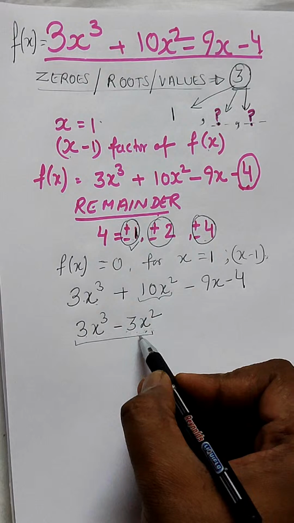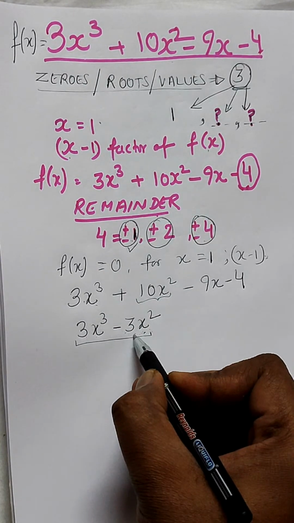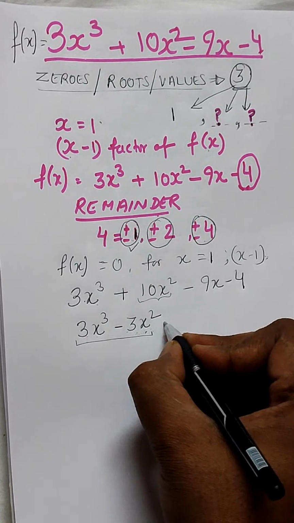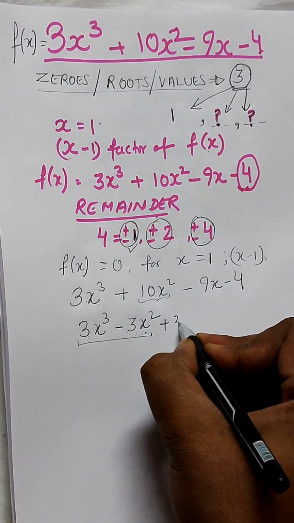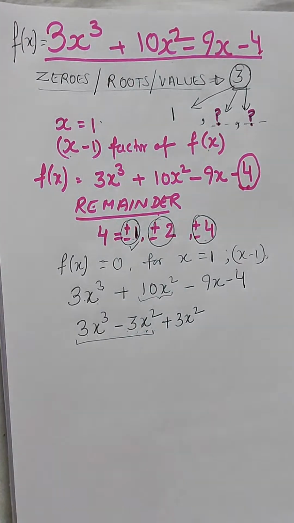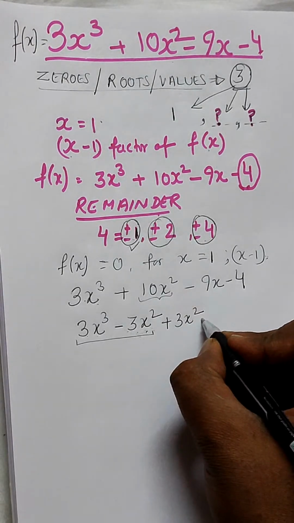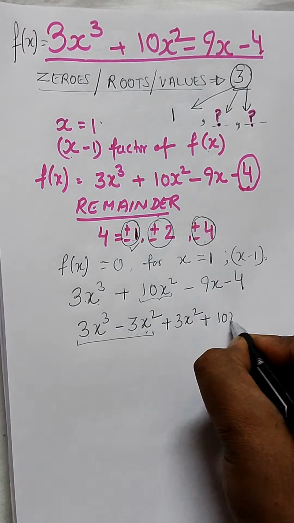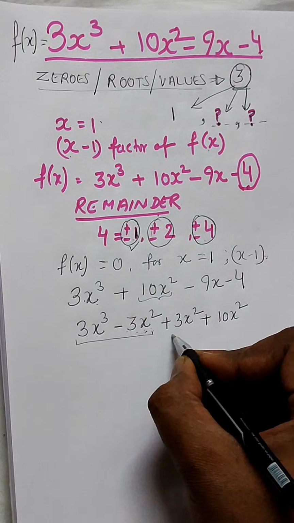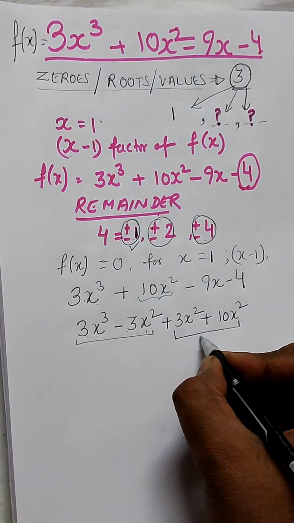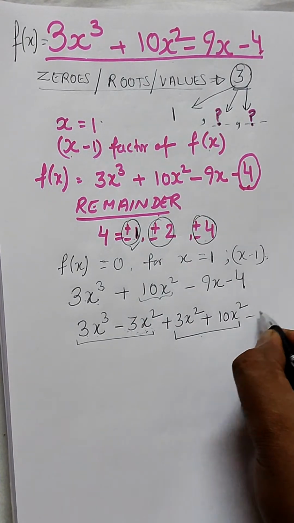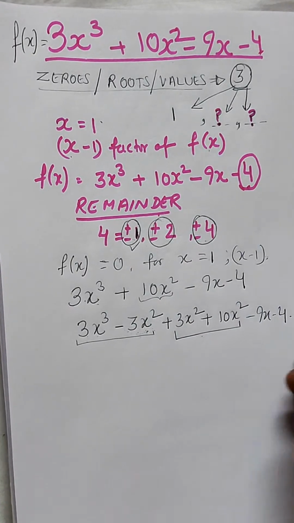Since this is extra inserted, that needs to be compensated. So what we will do? We will add 3x square, then plus 10x square. This will give you 13x square minus 9x minus 4, right?